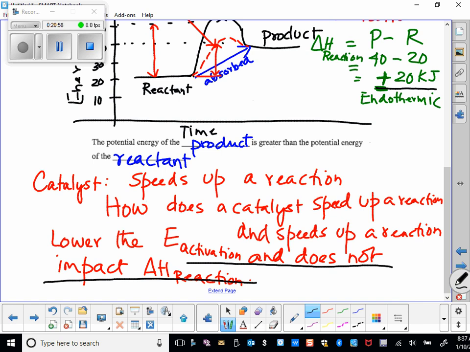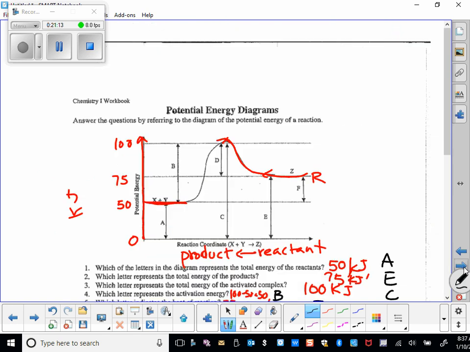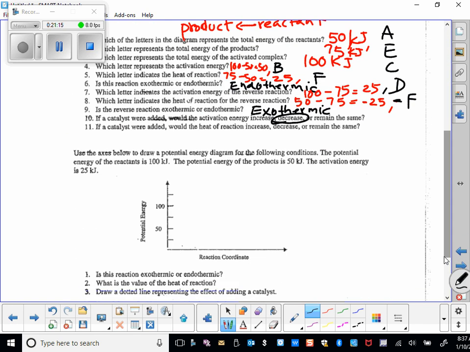Does not impact the heat of a reaction. It is important to process this information. Are you understanding why it is not impacting the heat of a reaction? So let's choose the answer that it will remain the same. Are we good?